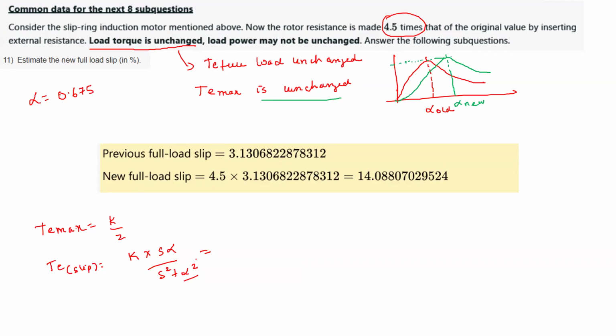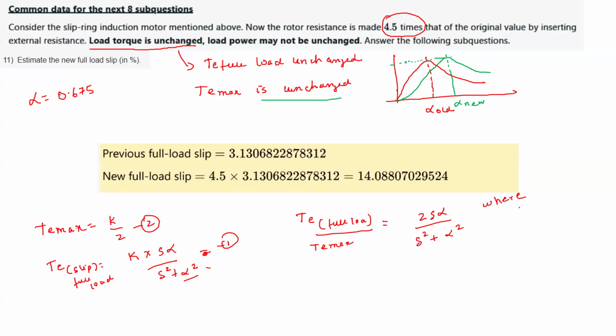So this is K into S alpha by S square plus alpha square. So if I take the ratio of the two, T at full load, slip at full load, by T max, it becomes 2S alpha by S square plus alpha square, where your alpha is 0.675.